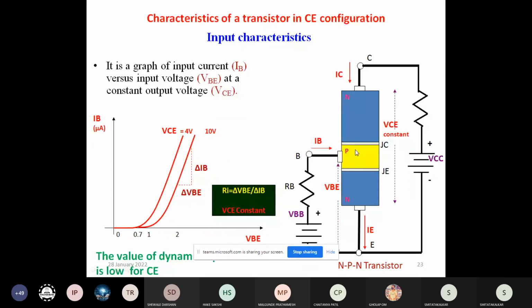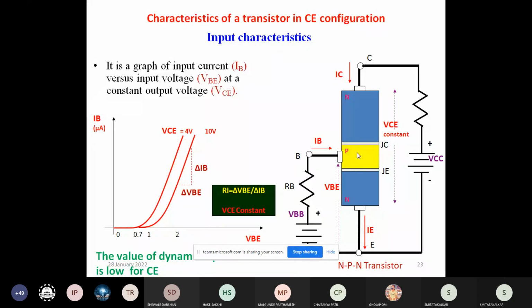In the P region, the holes move to the left side of the electrons, and the electrons move to the right side of the holes and combine with the holes.